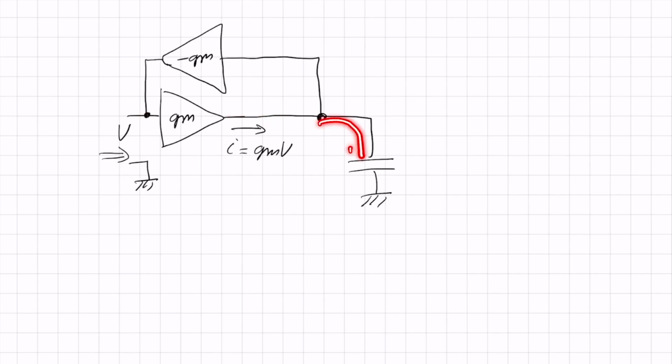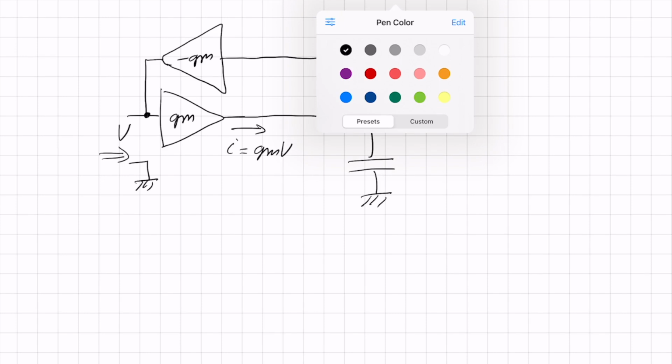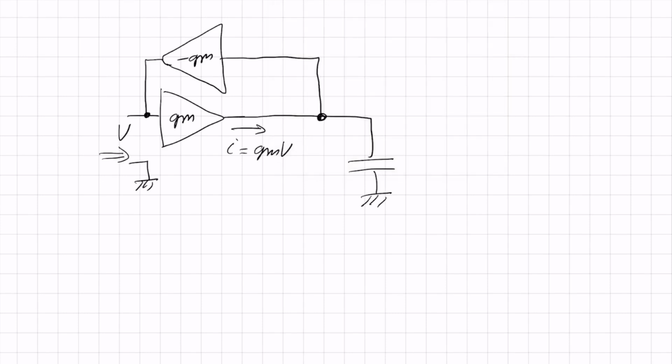The current is flowing into the capacitor. It generates a voltage. That voltage is sensed by this transconductor and it takes a current proportional to that voltage. And because a capacitor and an inductor are in fact the same mathematical components, except voltages and currents are flipped, by taking two transconductors I also go from voltage to current and vice versa. So this way I can make a circuit that behaves like an inductor.